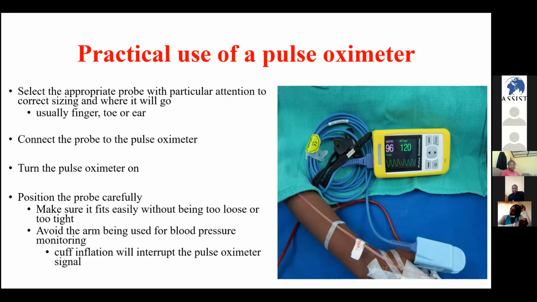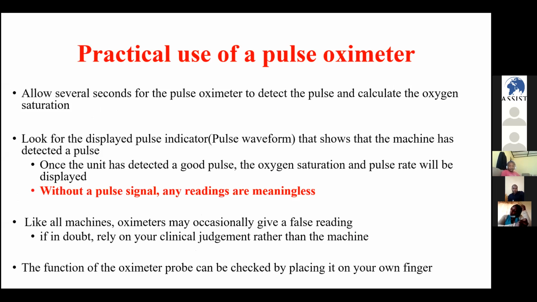Next slide. Then after connecting your probe to an extremity of your patient, you have to allow a few seconds for the pulse oximeter to detect the pulse and do the calculation for the oxygen saturation.